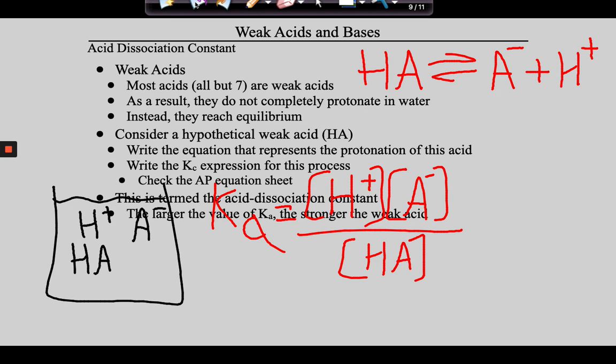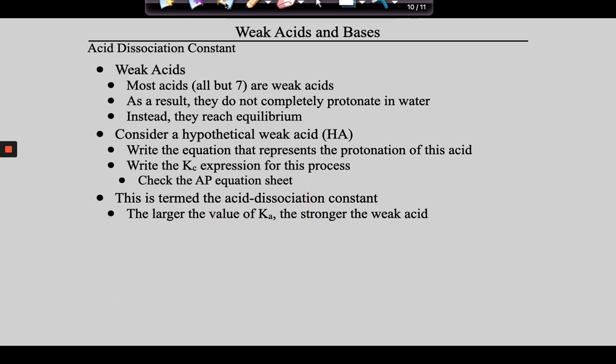If Ka is big, what do we have more of? Numerator or denominator? Numerator. And what's in the numerator? The products, which are the broken apart acid bits. So guys, the higher the value of Ka, the stronger the weak acid.